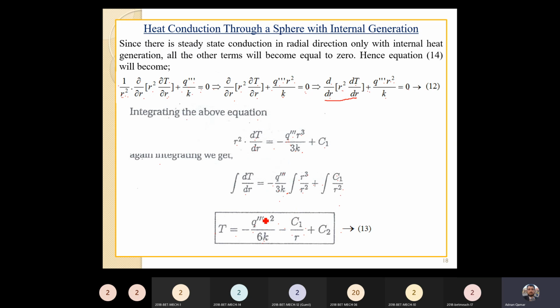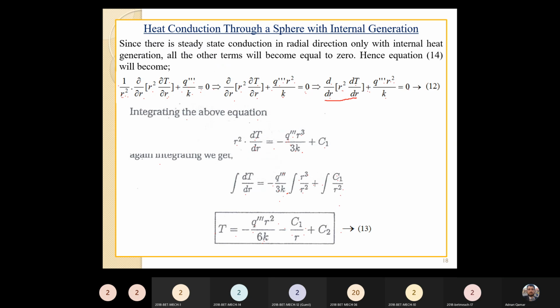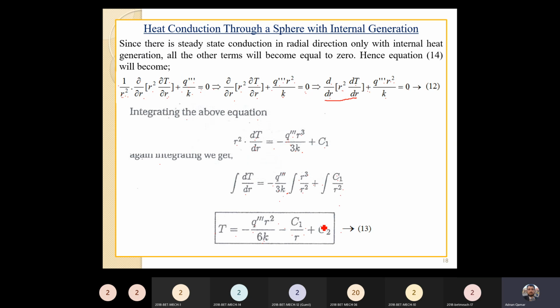Put the first boundary condition here. And now equation 5 becomes, this is basically equation 13 actually.